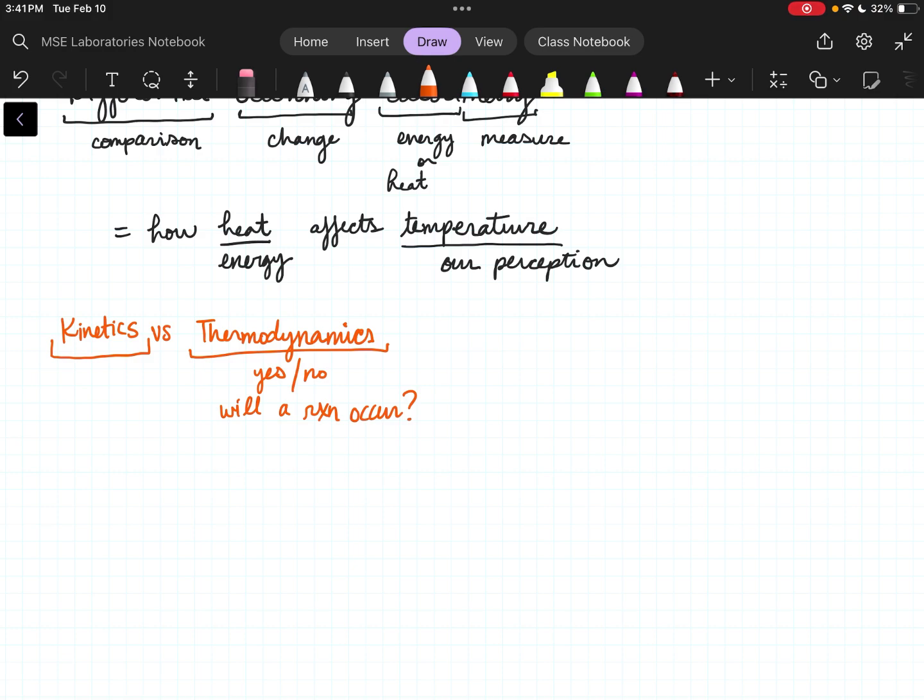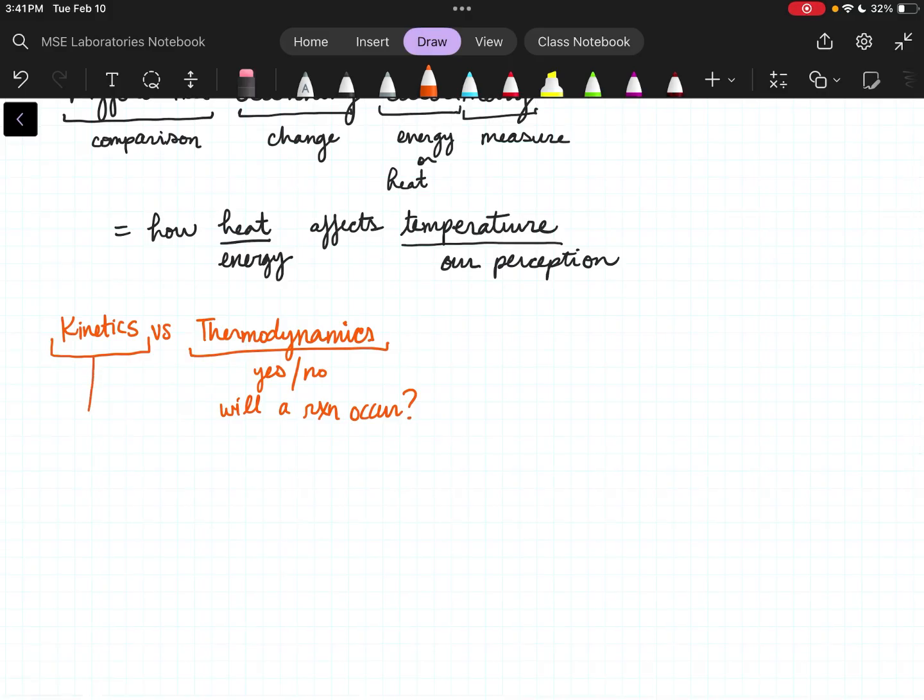Kinetics says yes, but it takes so long for them to transition out of a diamond state that it functionally is stable for us. So kinetics is going to be more time-related. It's going to be very physics related, where thermodynamics is going to be very math related.